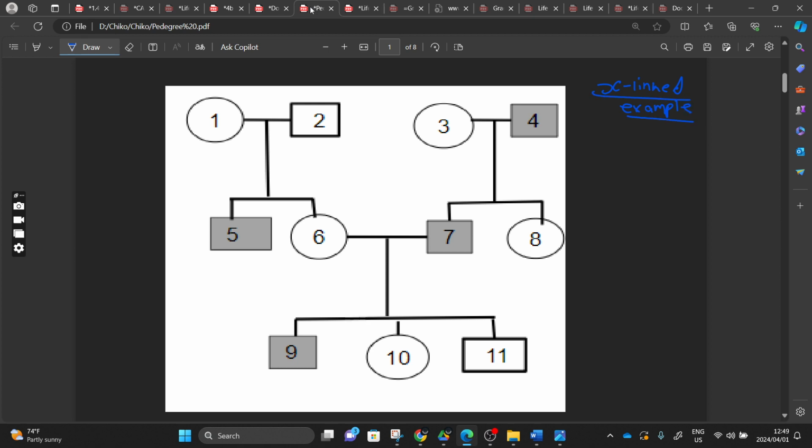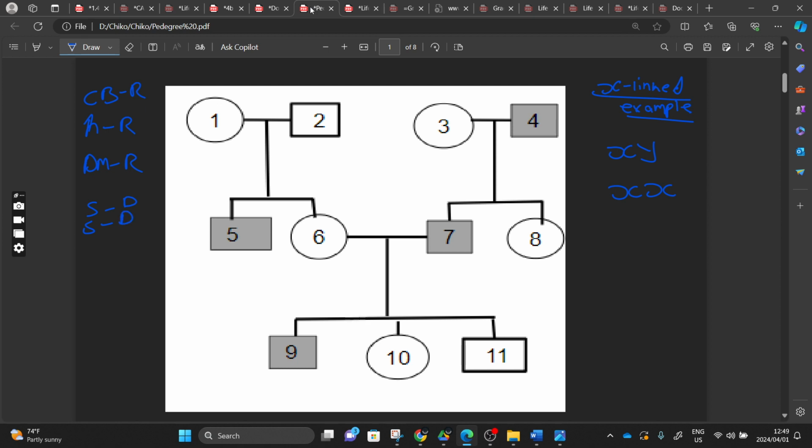You now know that with a sex-linked example, we have X and Y, and we have X and X. With sex-linked inheritance, we have color blindness, which is caused by a recessive. We have hemophilia, which is caused by a recessive, and we have Duchenne muscular dystrophy, which is caused by a recessive. And we also have two syndromes that are caused by a dominant.